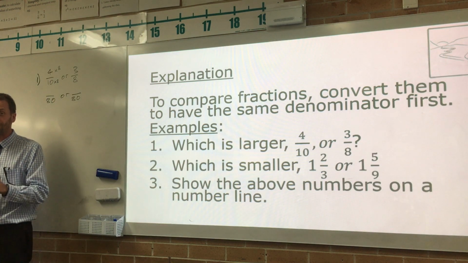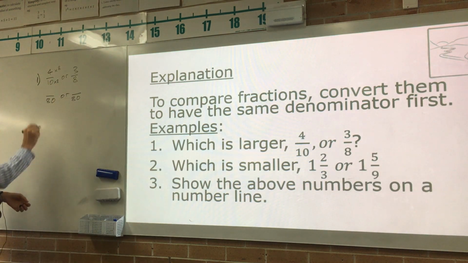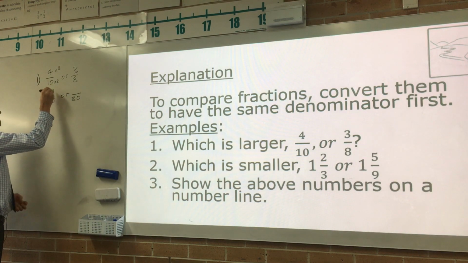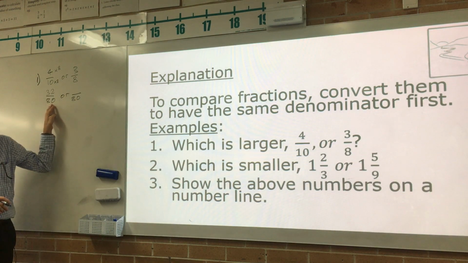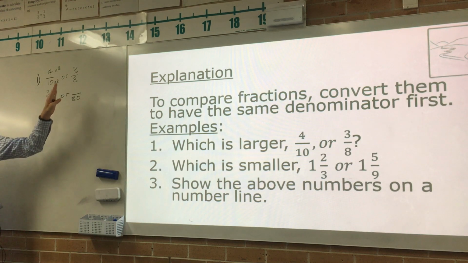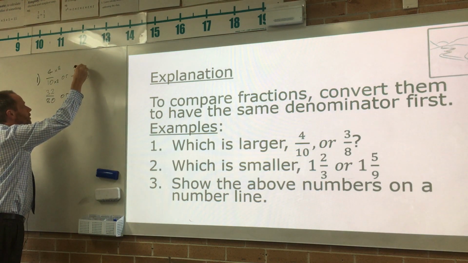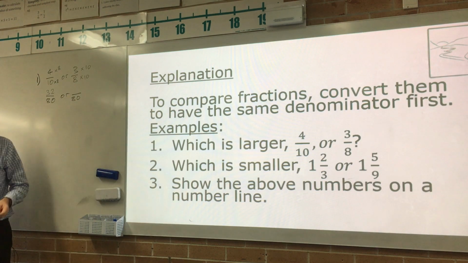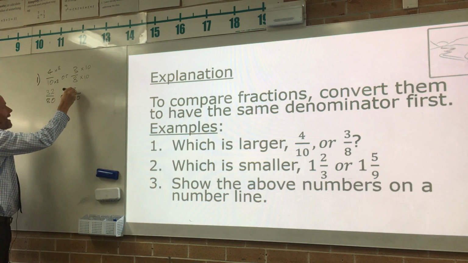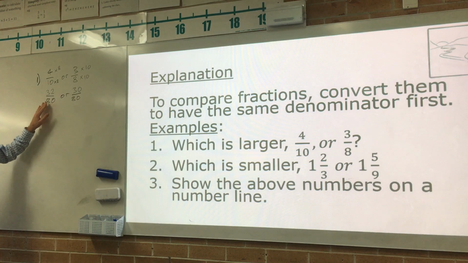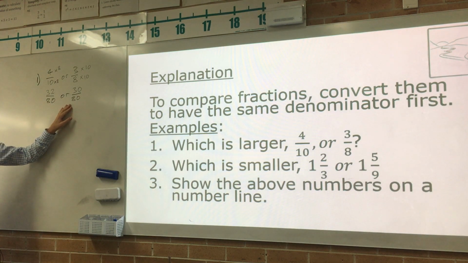What is 4 times 8? 32. Okay, 32 over 80. This one's a bit easier. You're multiplying by 10. What is 3 times 10? 30. Now we can actually see which one is larger.